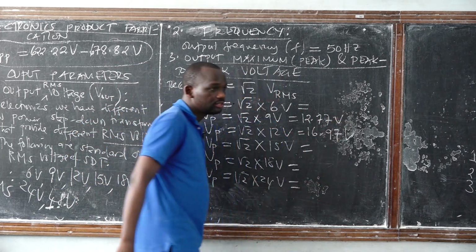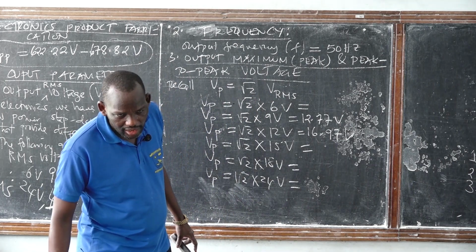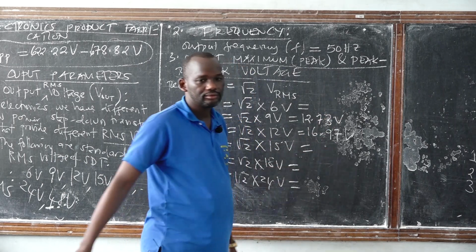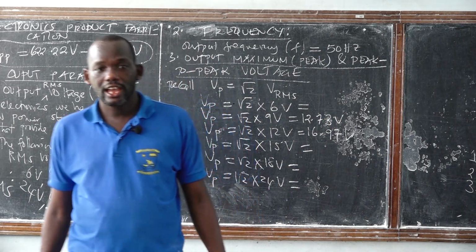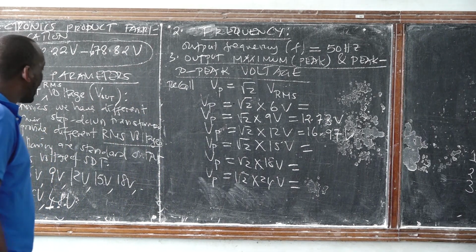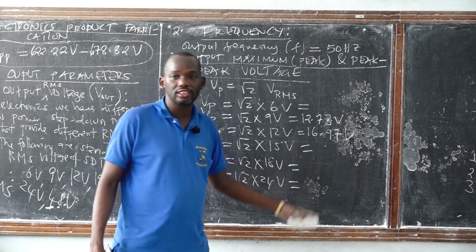12.73 volt. Right? Next, because Jacqueline does not want to mention, this one: square root of 2 times 15 volt.